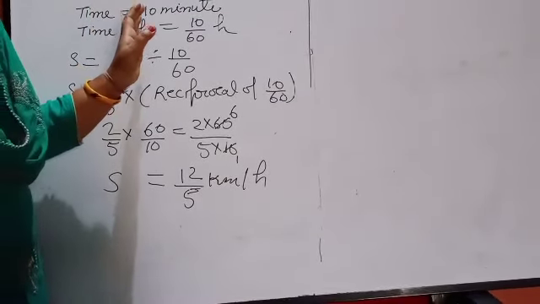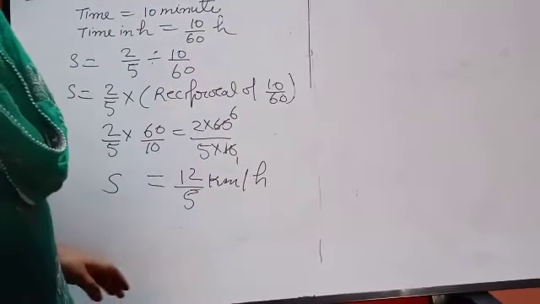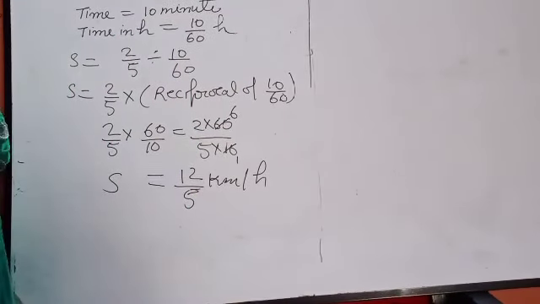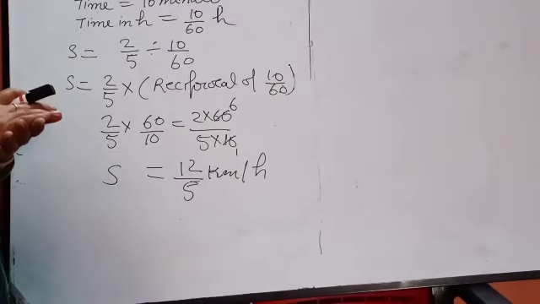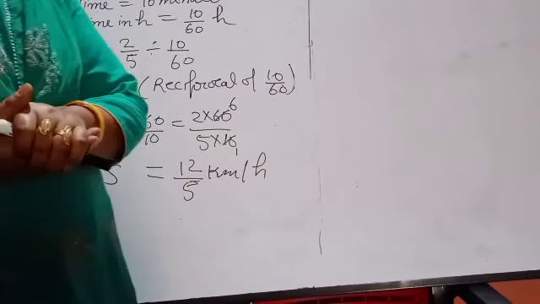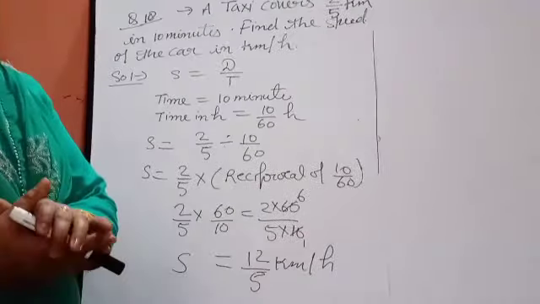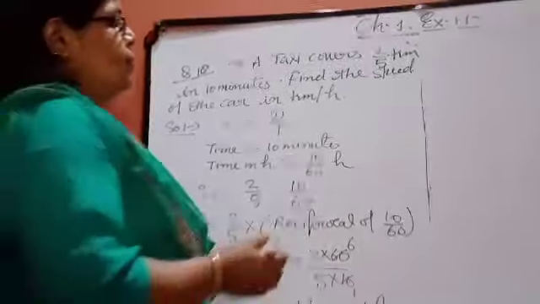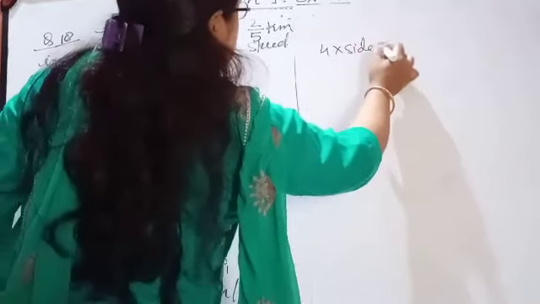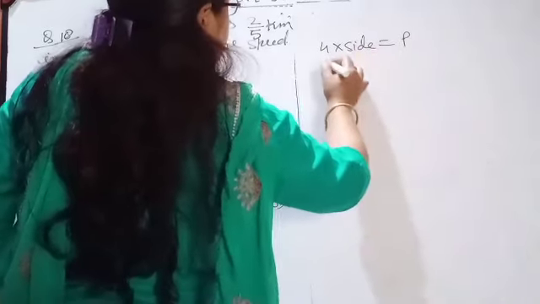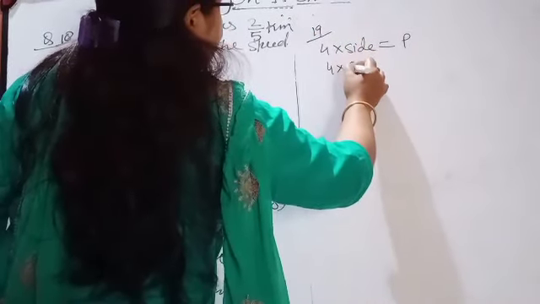Now see, beta, question number 19. Find the area of a square whose perimeter is 4 centimeter. You know what the formula for perimeter is? Perimeter is equal to 4 into side. 4 into side is equal to the perimeter.